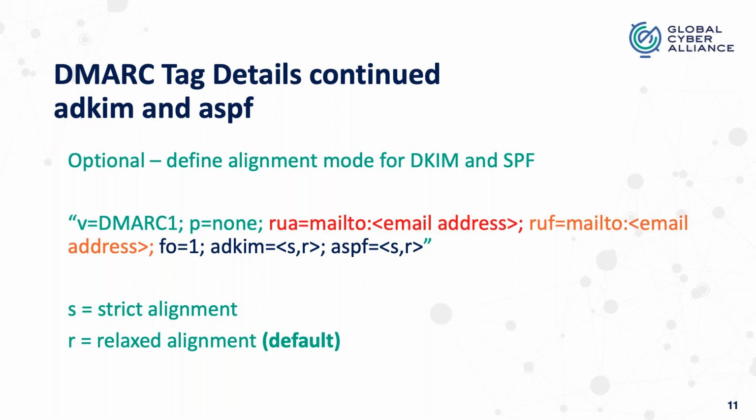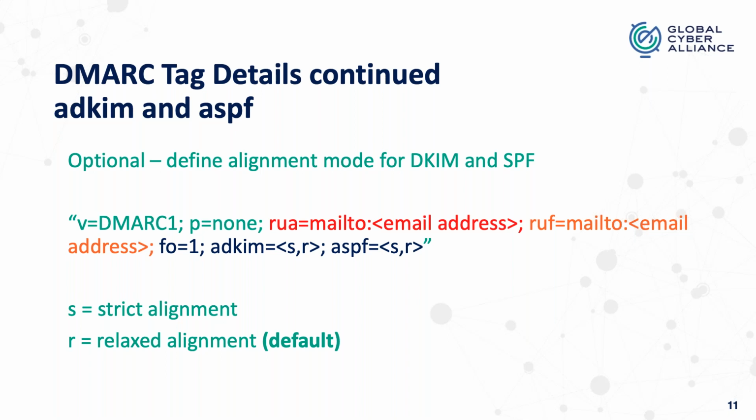But if it's completely different domains, it's still a fail, even under relaxed. With strict alignment, you're saying it has to match exactly. It can't be a subdomain against the top level domain. The top level domain has to match the top level domain, and the subdomain has to match the subdomain. Basically, letter by letter, it has to be the same. So be careful with strict alignment.